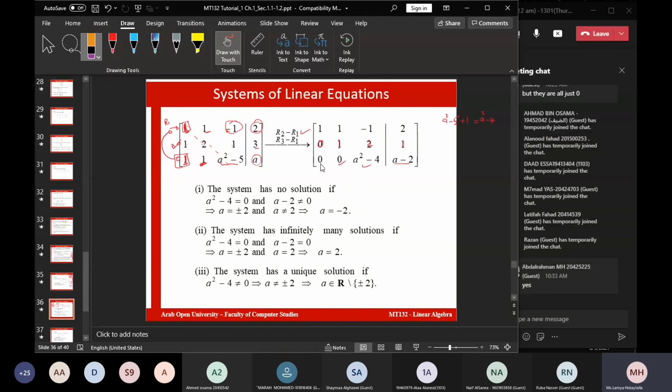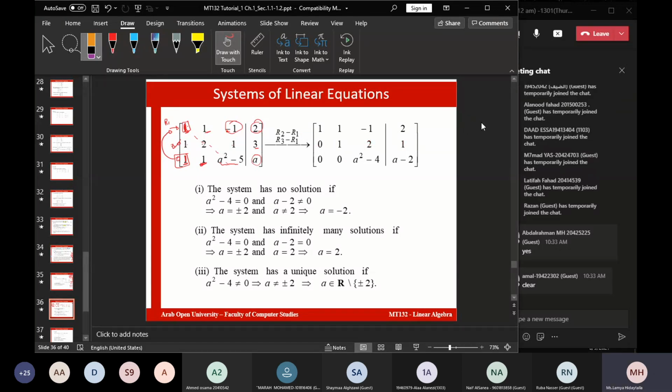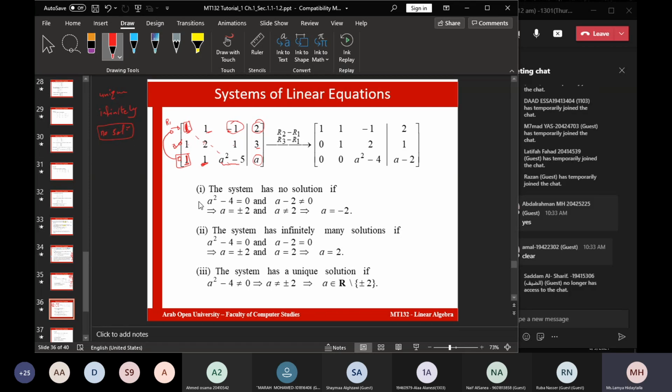Now, we want our system to have either a unique solution, or infinitely many solutions, or no solution. Sometimes, and in almost all cases, it's easier to start by finding when the system will have no solution.